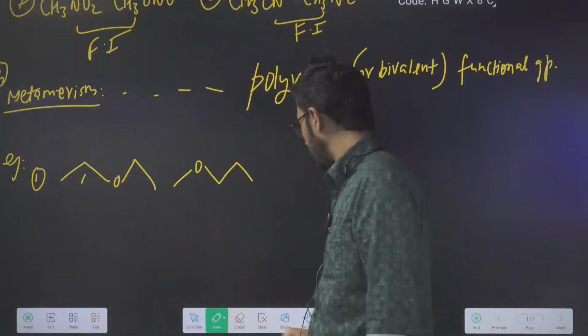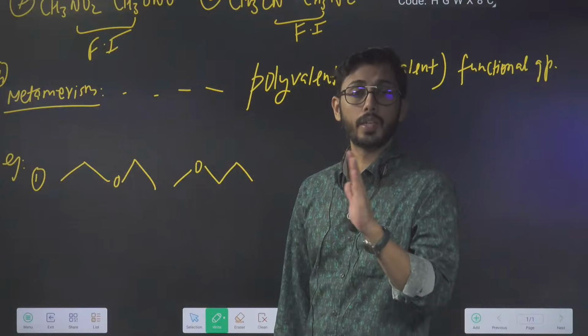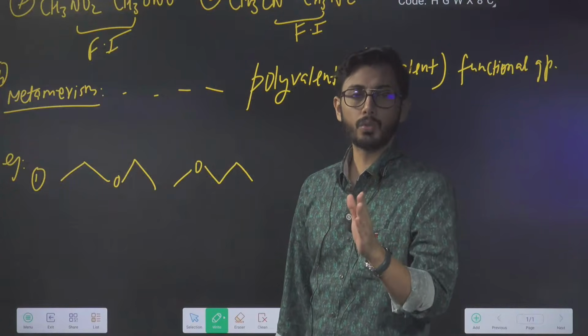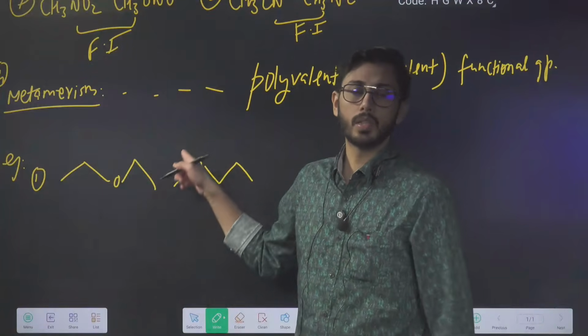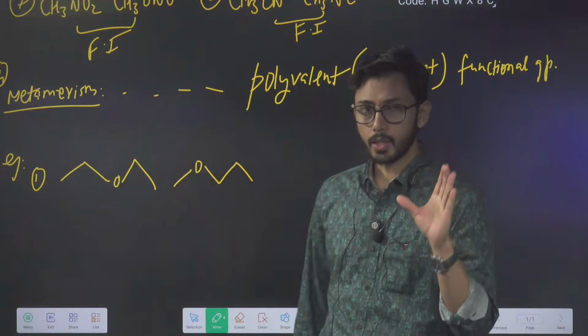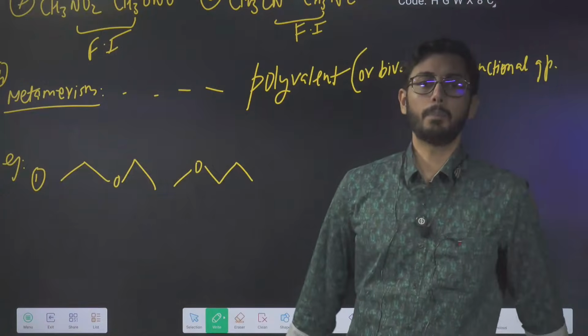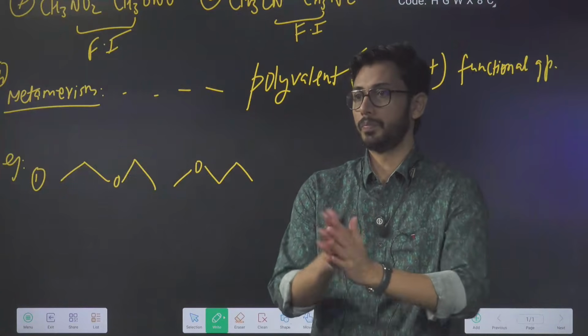So the alkyl chain nature is changing. Therefore they are termed as metamers, not chain isomers. This isomerism arises when there is a bivalent or polyvalent functional group.